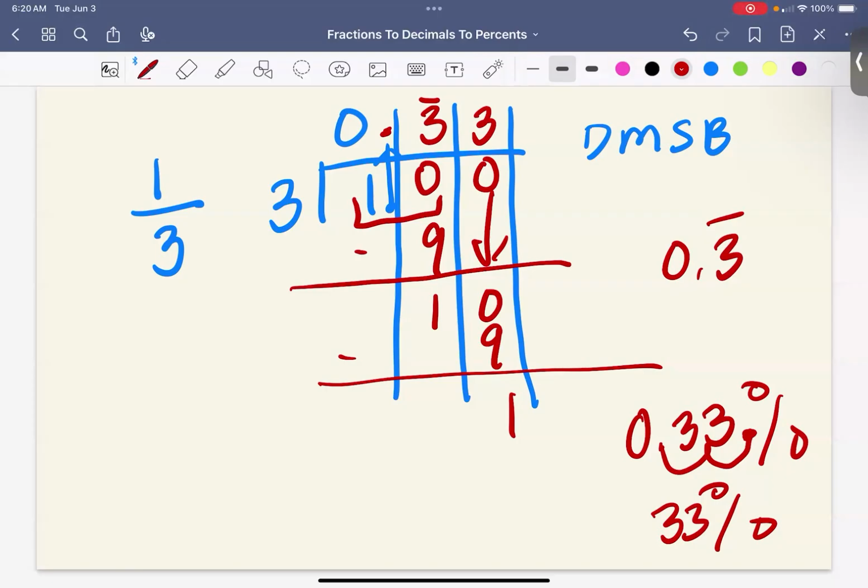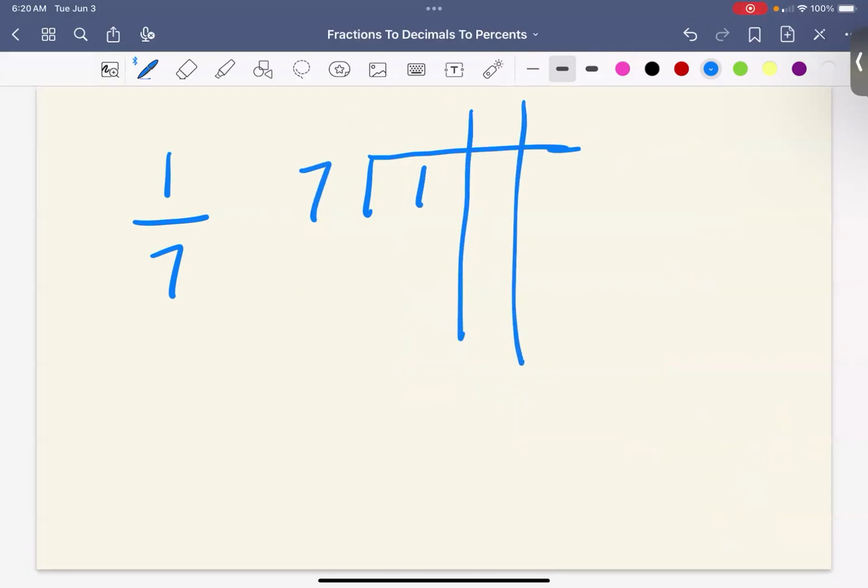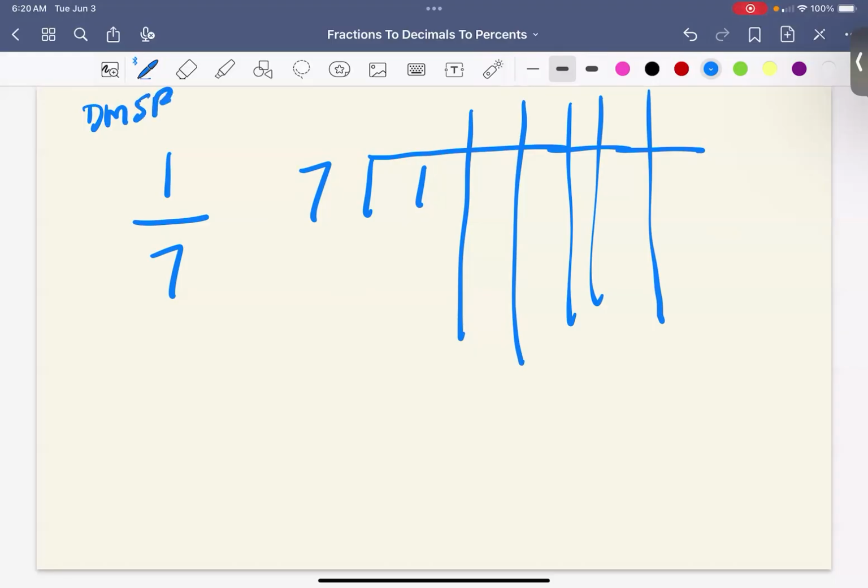Okay, let's do another type of decimal. Let's do 1 over 7. So I'm going to put the 1 inside the divide box, the 7 outside. Make a couple of lines to keep my numbers in order. So my divide, multiply, subtract, bring down.